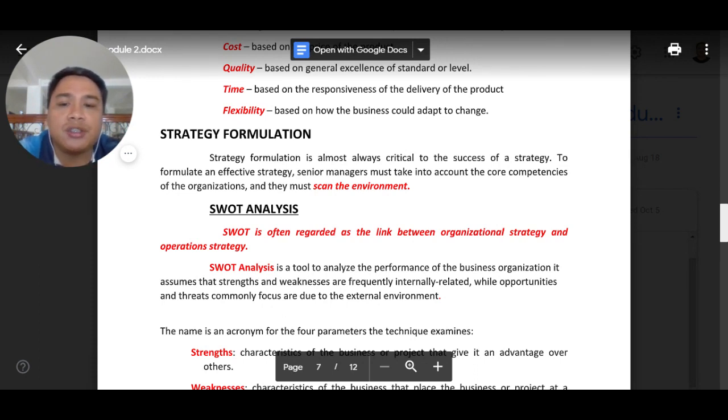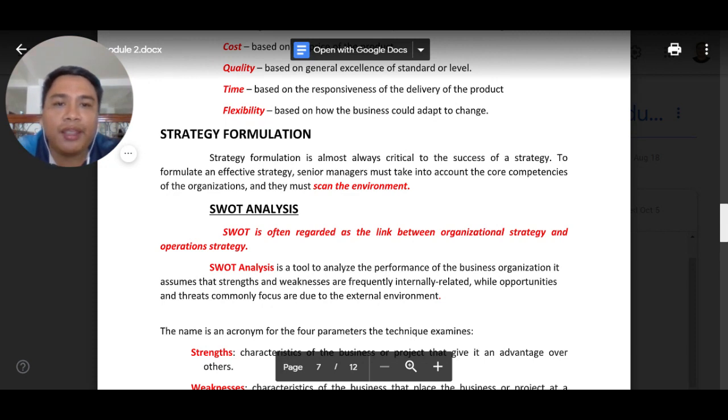SWOT analysis is a tool to analyze the performance of the business organization. It assumes that strengths and weaknesses are frequently internally related, while opportunities and threats commonly come from the external environment. So we know S and W, which are strength and weakness.